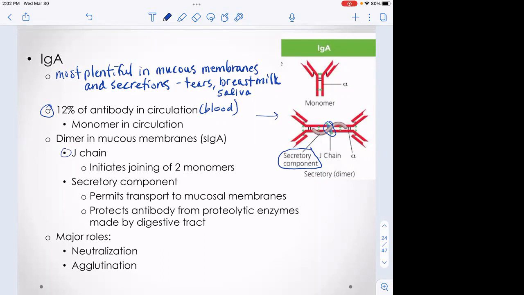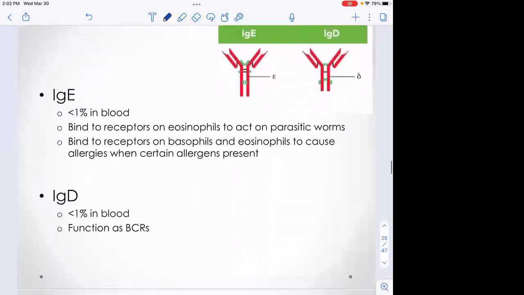So IgG passes through placenta, IgA through breast milk. And again, pretty good at agglutination because there's 4 different binding sites here. A factor that can lead to neutralization of the pathogens as well.